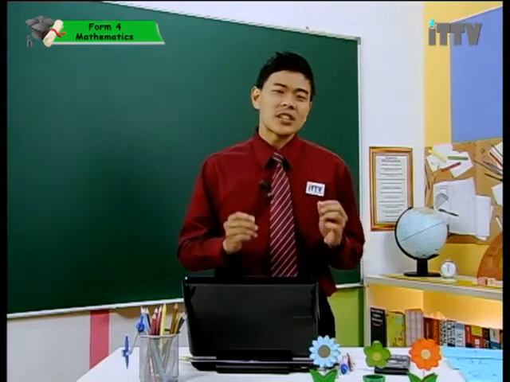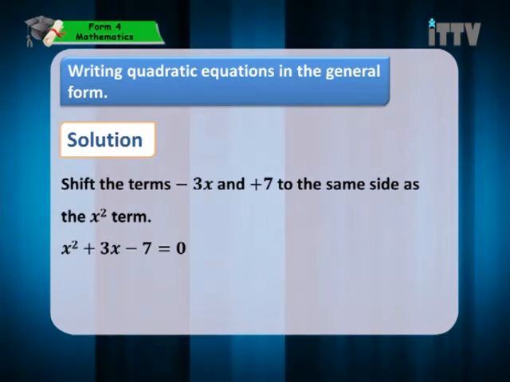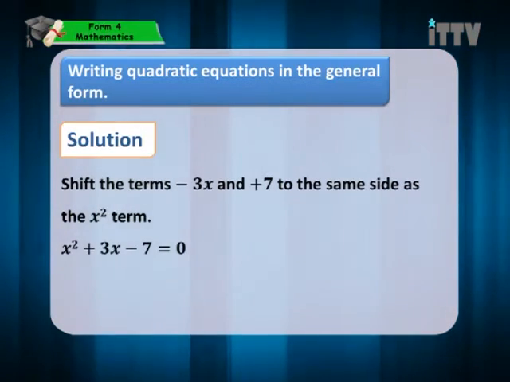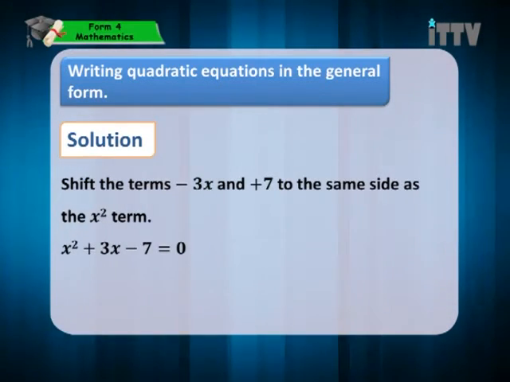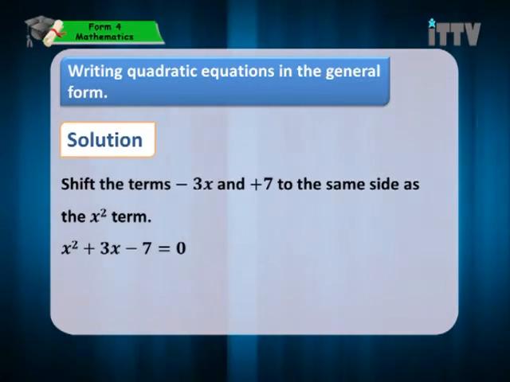You always go to the side where x squared is already there. And you must leave the other side as 0. No terms belong to the other side. So once you have shifted, it becomes x squared plus 3x minus 7 equals to 0. And that is the general form of the quadratic equation.